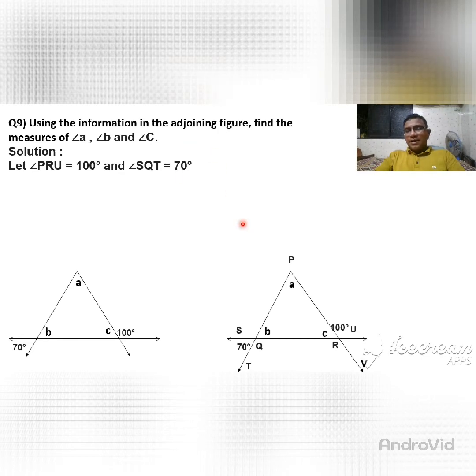So angle PRU is 100 degrees. Angle SQT is 70 degrees. Let us go. So this angle U and this R, they are linear pairs of each other, and the sum of a linear pair is 180 degrees.